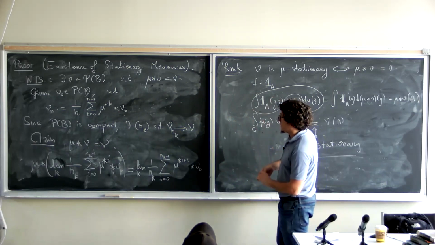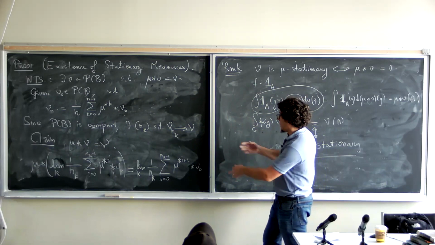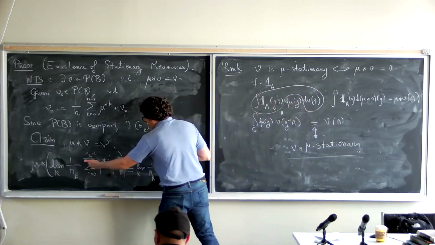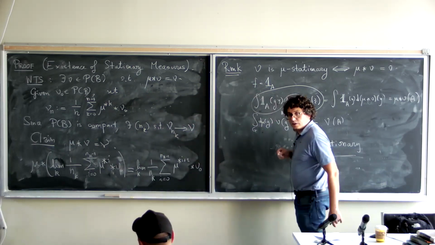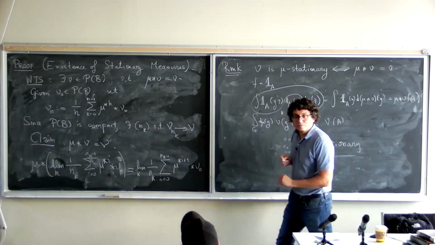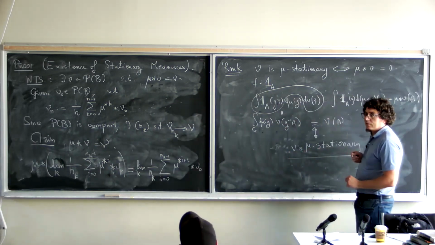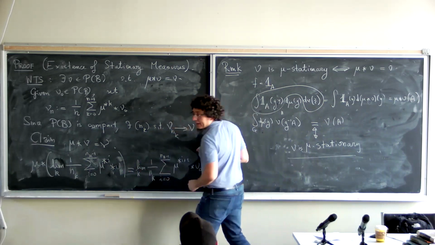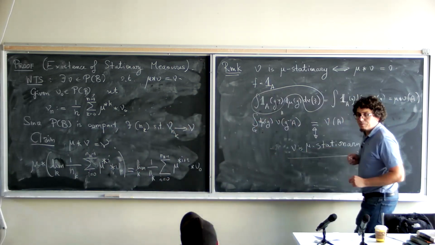Since this is a limit, if you compare this with the original one, you get almost the same sum. So we're just off by 2 terms, and then when you divide by n_k, it goes to 0.